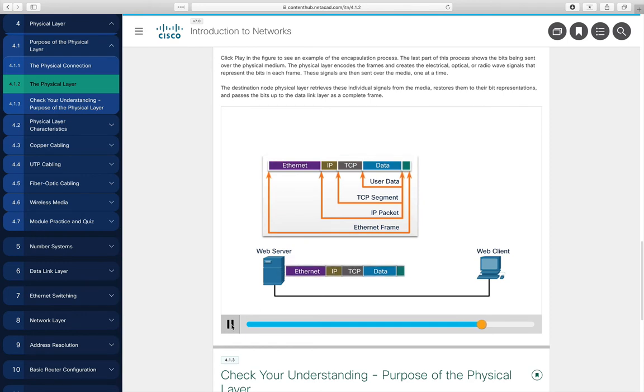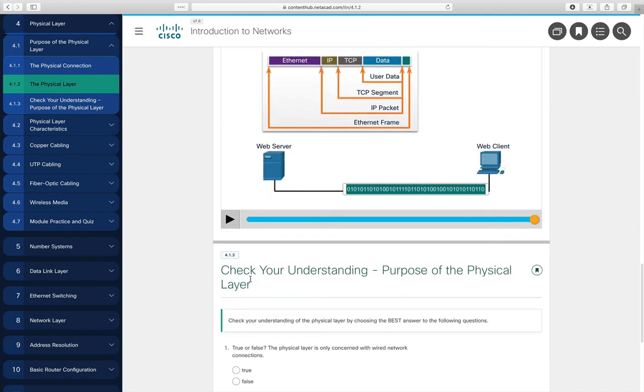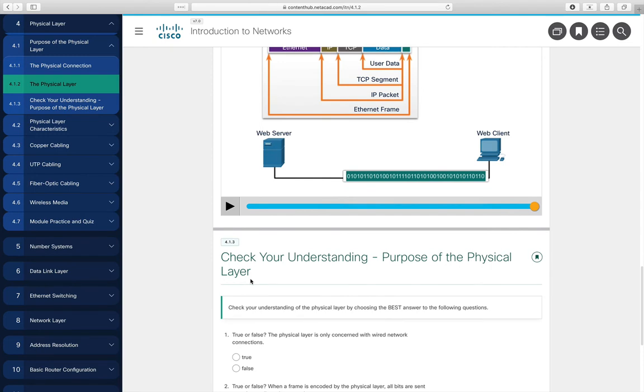That frame is then turned into bits and is transmitted over our network. So again, to sum this up, the physical layer is the way that we get the ones and zeros that represent our information to travel across the network.